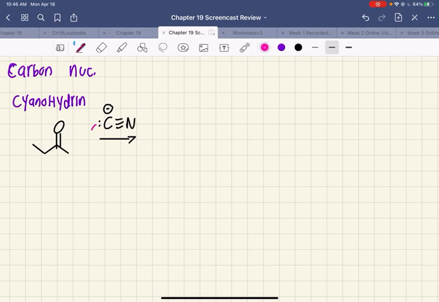The lone pairs will attack this carbon center, kicking off electrons to the oxygen, making it negatively charged.